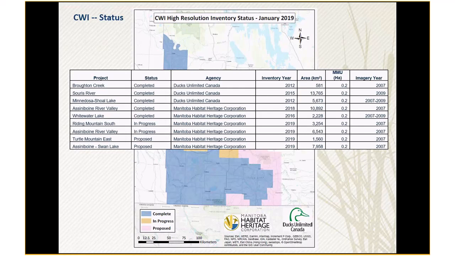And if you look at the distribution of the image dates, a lot of that has been developed on older imagery, circa 2007, 2009. So when we talk about scaling this or looking at using this product for regulatory approaches, the first question comes, what is the validity of that information given its vintage?